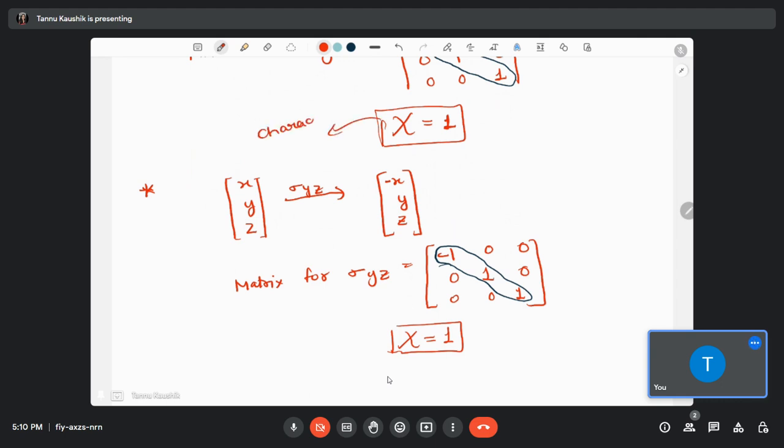So this is the character of the matrix. It will be very helpful for you in making group multiplication tables for different point groups. So please understand it very carefully.